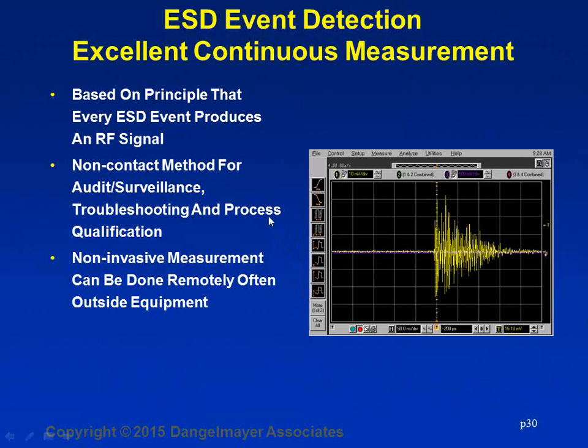I guess another way of putting it is that event detectors are equally as confounding as they are effective. So it's worth the effort to go through the learning curve. And it is possible to determine with these instruments the actual arrival time, amplitude, and location of events.